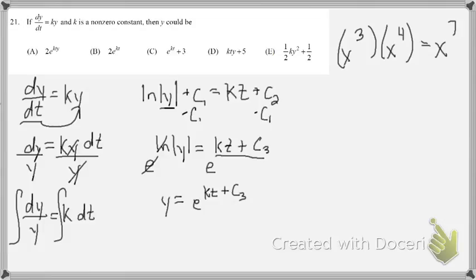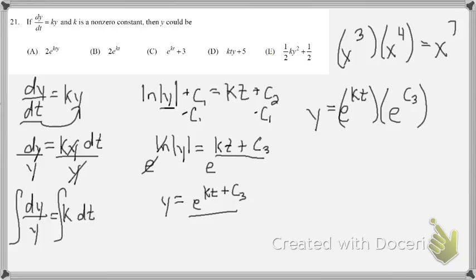So that means if we want to decompose this exponent, we can rewrite it as the multiplication of two numbers with like bases. So we can take this, rewrite it as e to the kt times e to the c. Because if you multiply those back together, multiplying two numbers with like bases means you add their exponents, and we would be back to the same thing.